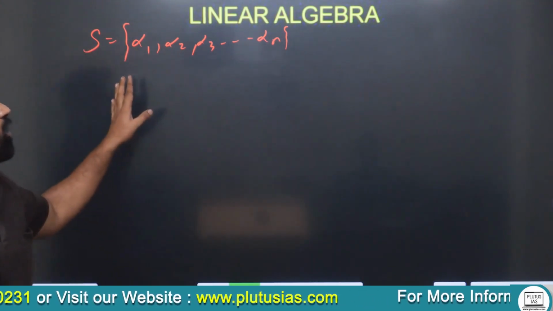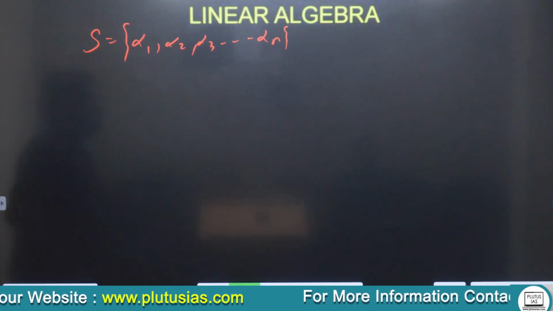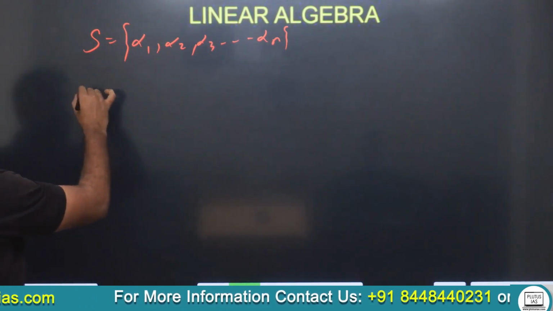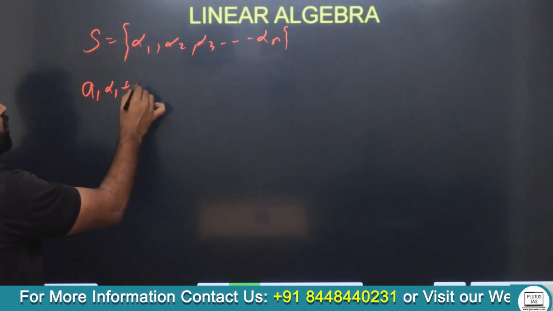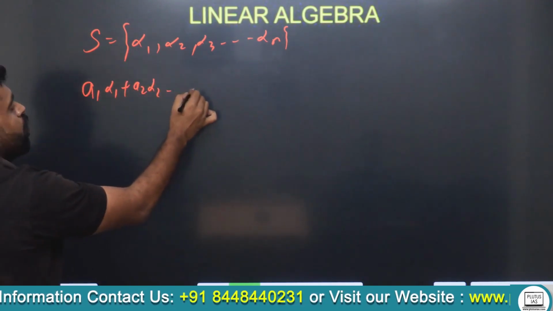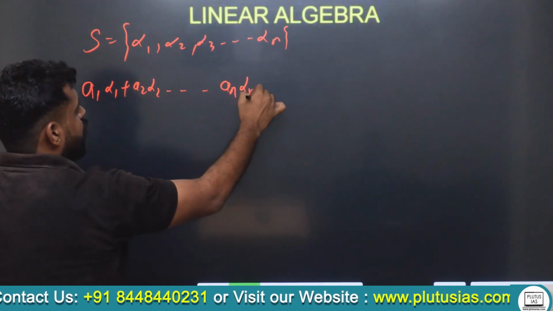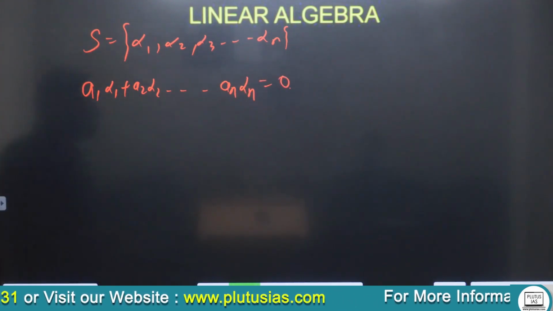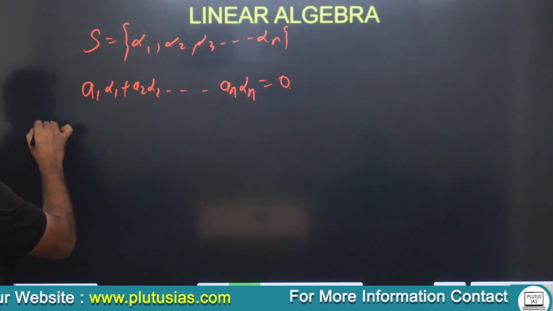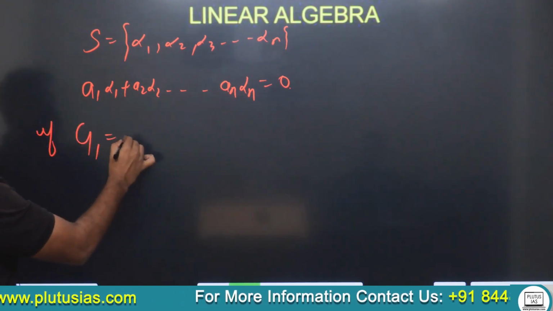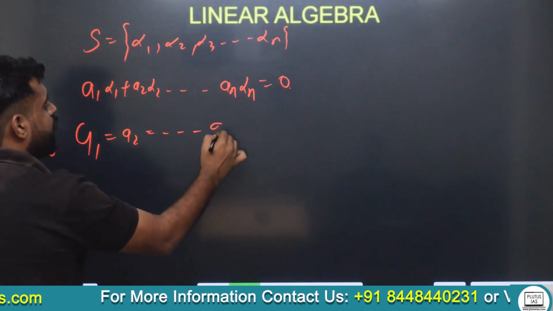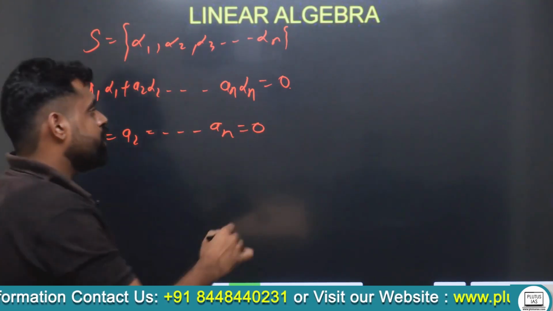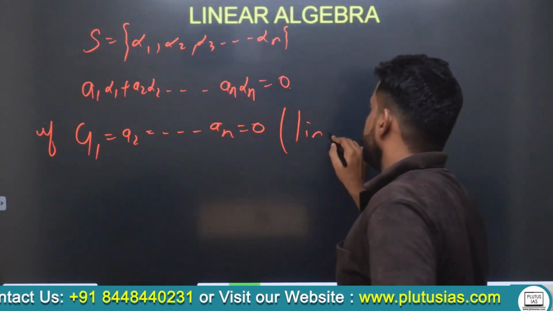So suppose S is a set with alpha 1, alpha 2, ..., alpha n as elements, and we consider a1 alpha 1 plus a2 alpha 2 plus ... plus an alpha n equal to 0. Okay? If a1 equal to a2 equal to ... equal to an, these all are equal to 0, then it is linearly independent.